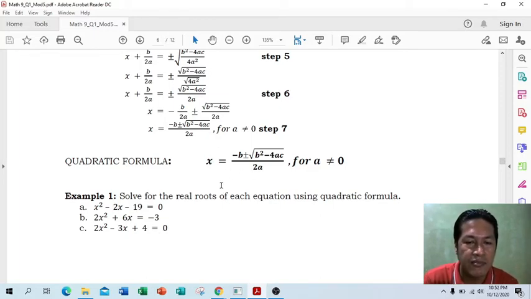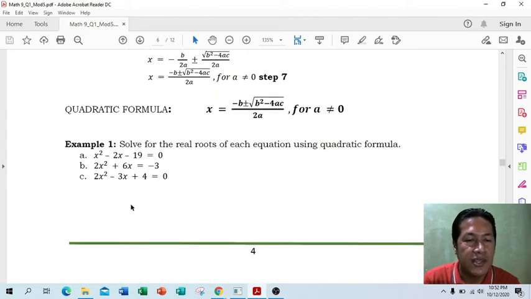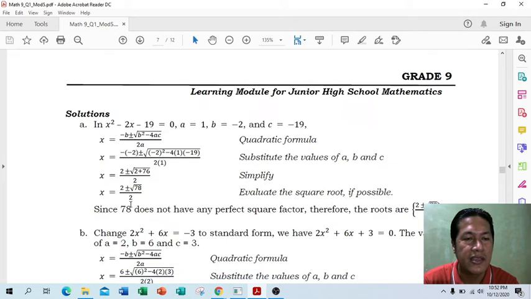Solve for the real roots of each equation using the quadratic formula. A: x squared minus 2x minus 19; B: 2x squared plus 6x equals negative 3; C: 2x squared minus 3x plus 4. Practice. Letter A. For the quadratic formula, the equation must be in standard form because you get the values of A, B, and C from it. You cannot get A, B, and C if it is not in standard form. All terms are on the left side, and only 0 remains on the right side.